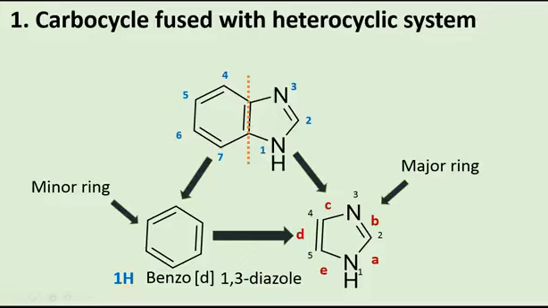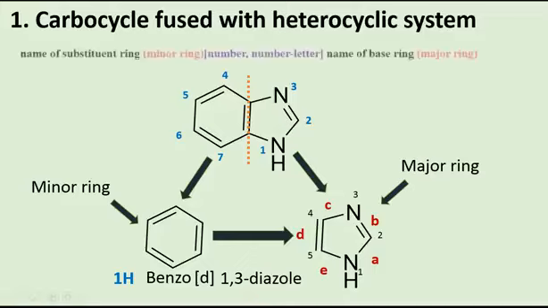So this is the way how we give numbering or name when we have a carbocycle fused with heterocyclic system. Name of the substituent ring or the minor ring, letter, name of the base ring or the major ring. So this is the format that we have for giving name to a fused heterocycle.